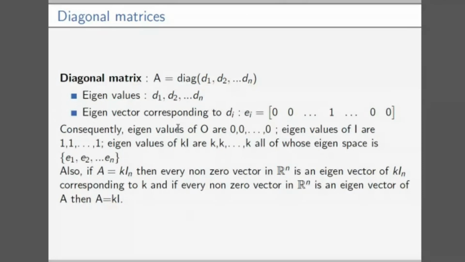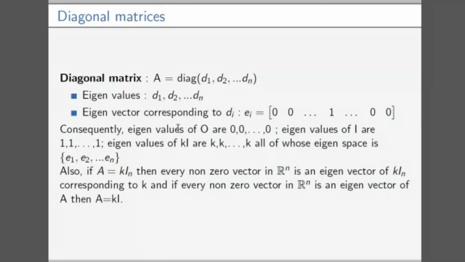And when we are talking about diagonal matrices, we have special cases like the zero matrix or null matrix, then the identity matrix and the scalar matrix. So the null matrix has diagonal elements all 0. So from this we can say that its eigenvalues are all 0. Then the identity matrix has diagonal entries all 1.